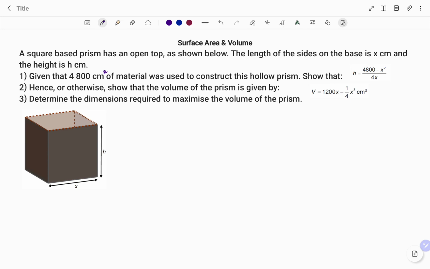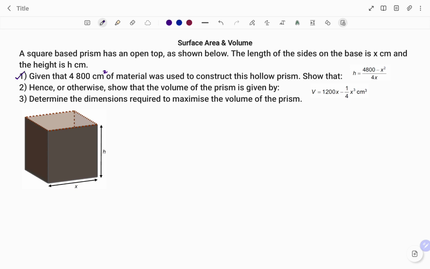Hence, or otherwise, we have to show that the volume of the prism is given by V equals 1,200x minus 1/4 x cubed cubic centimeters. And finally, we have to determine the dimensions required to maximize the volume of the prism.